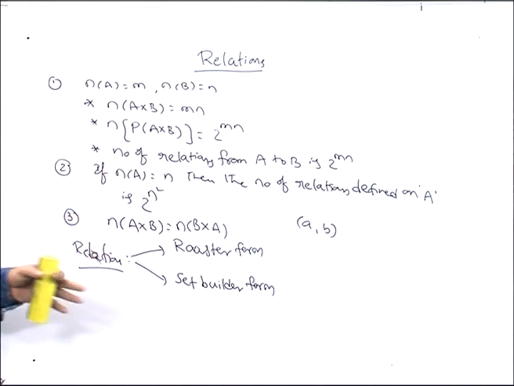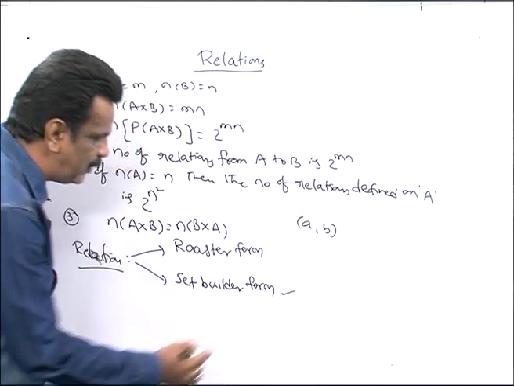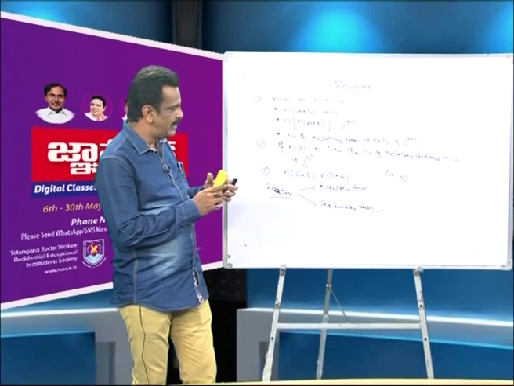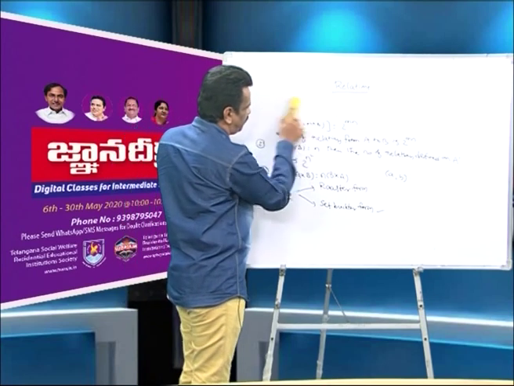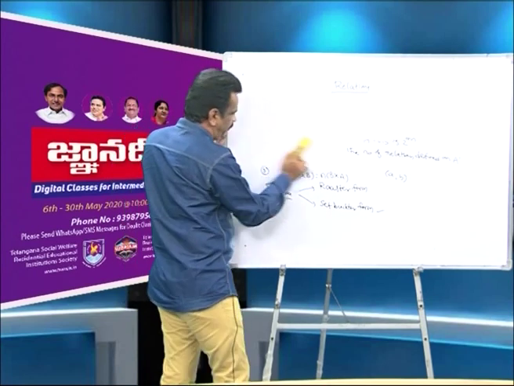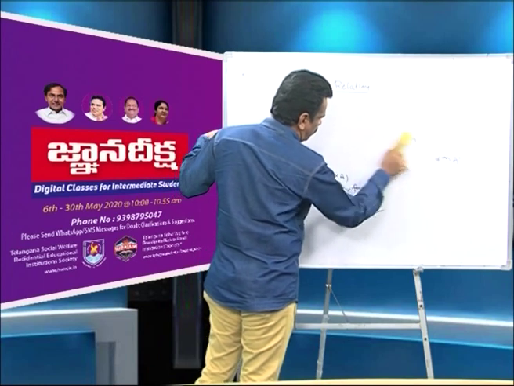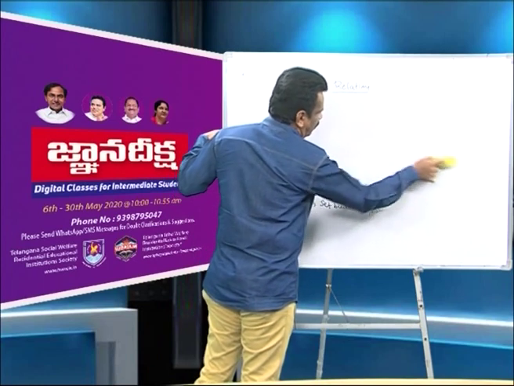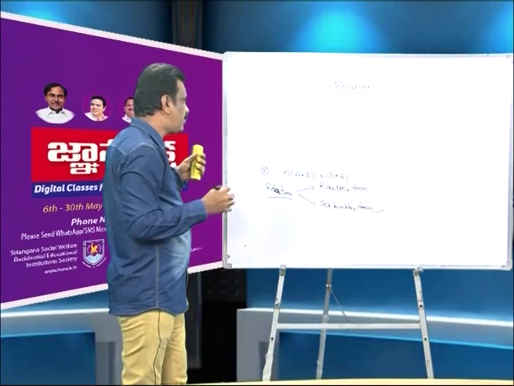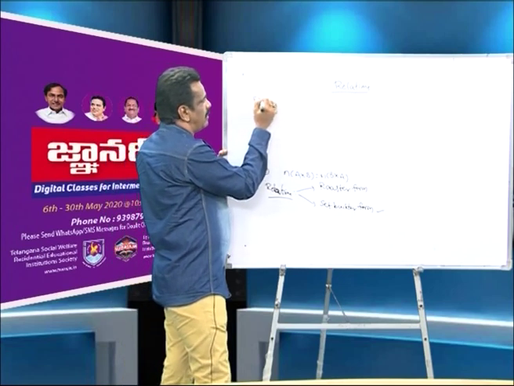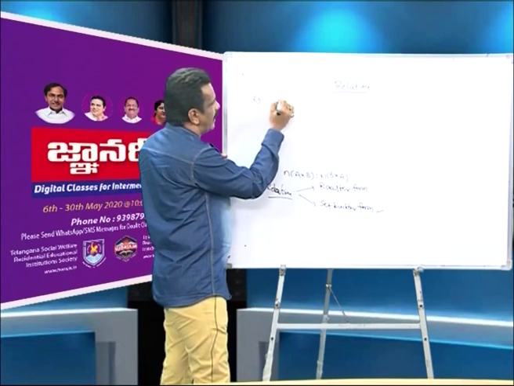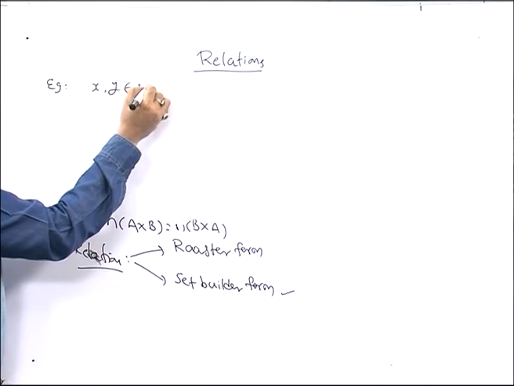So let us discuss here the second version of expressing a relation. As an example, I am taking x and y are natural numbers.